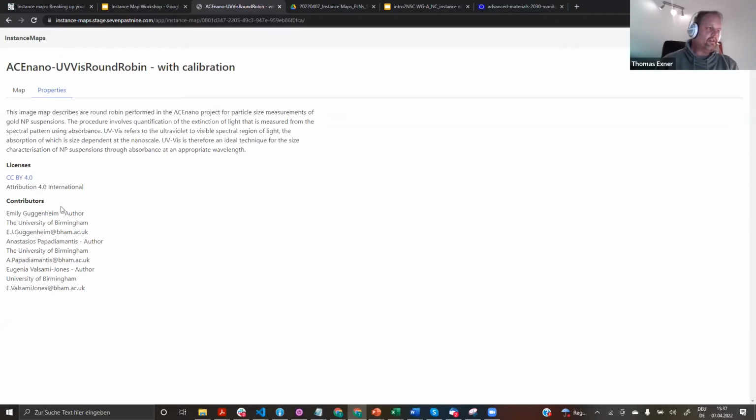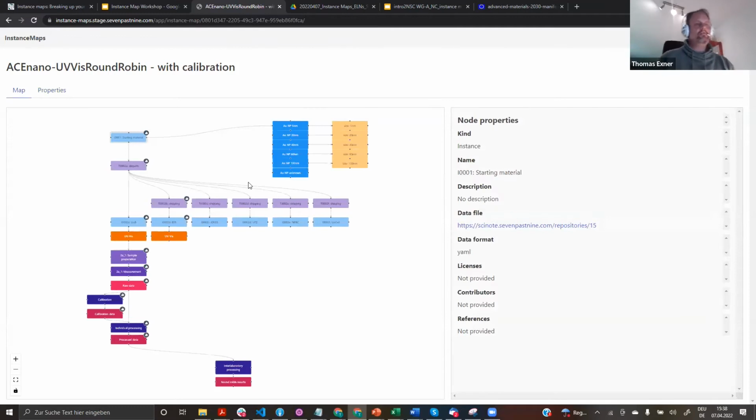And then the main authors, Emily, who was in charge of this round robin, and then with Eva's group.